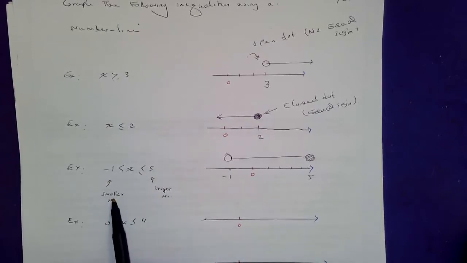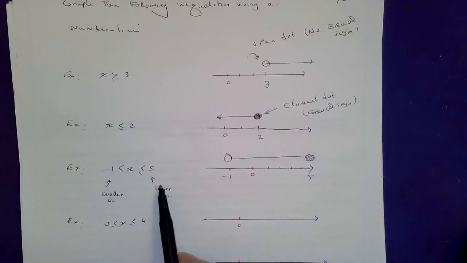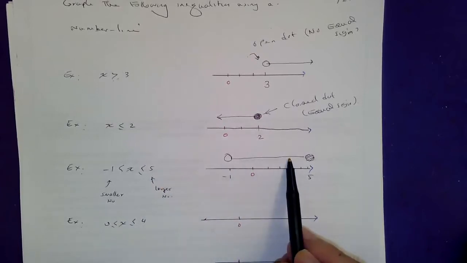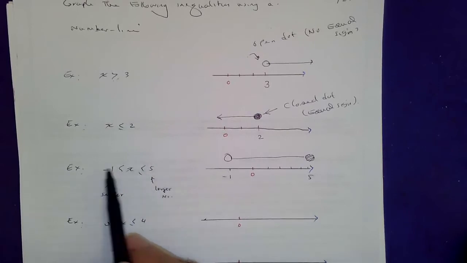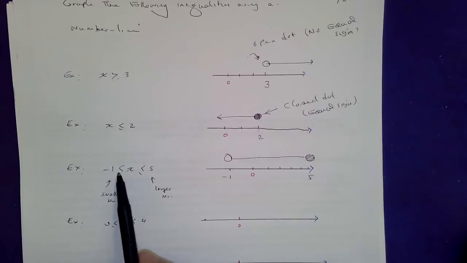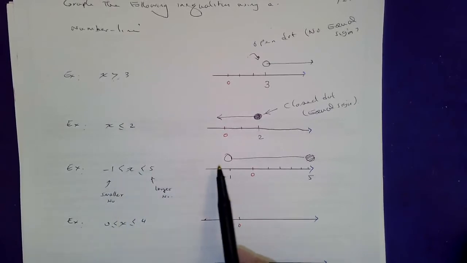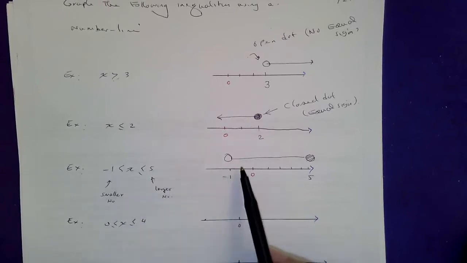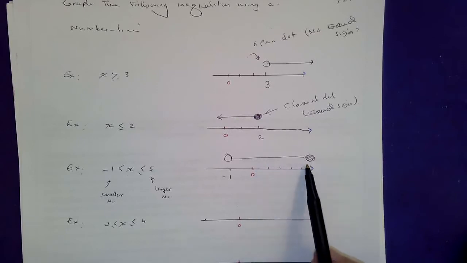Notice smaller numbers go to the left, larger numbers go to the right. And we always connect the dots when we're dealing with a compound inequality in this form. So x is greater than negative 1, but less than or equal to 5. So that means x can take any value between negative 1 all the way to 5 and including 5.